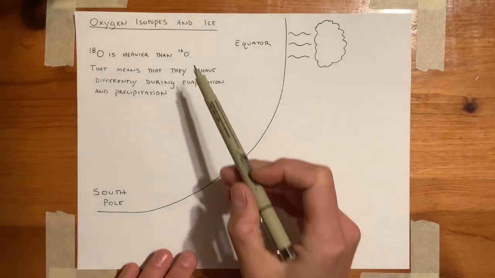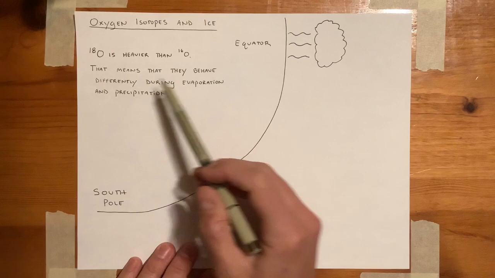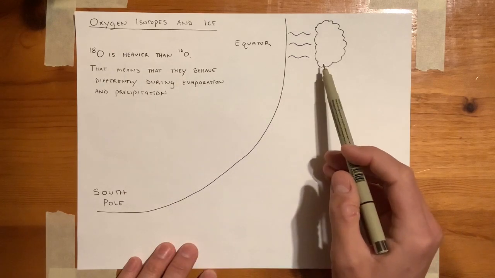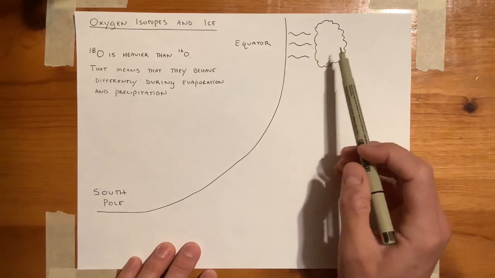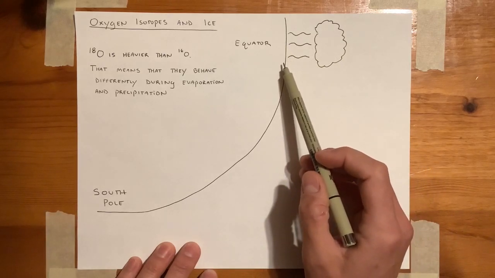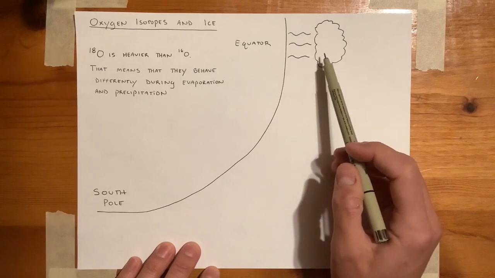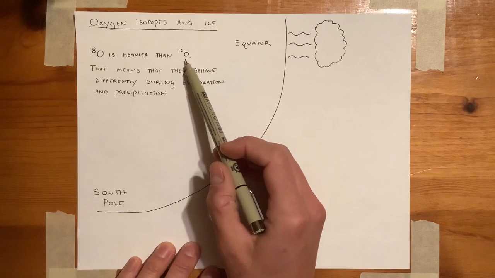Because oxygen 16 is lighter than oxygen 18, it's going to be preferentially evaporated, right? So when clouds form, clouds that are evaporated water vapor from the world's oceans, when clouds form at the equator, they preferentially become enriched in oxygen 16.